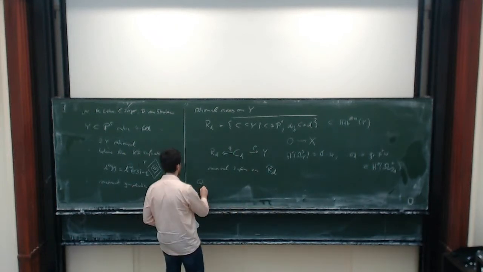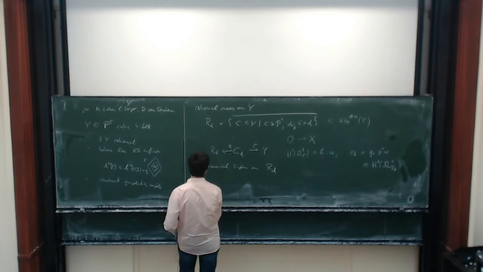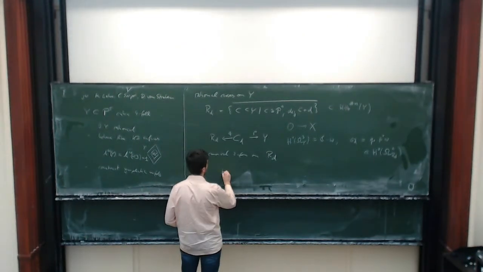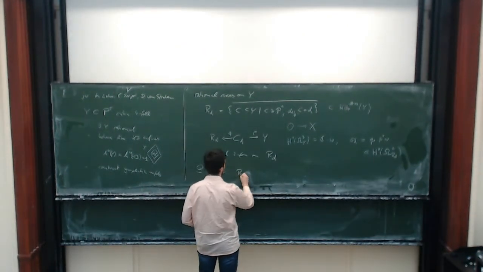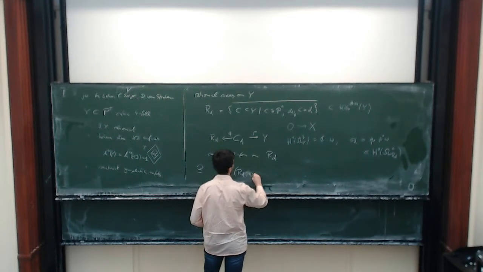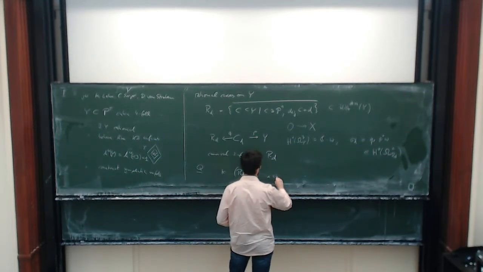And the question I'd like to pose is: is R_d with sigma_d a symplectic manifold?